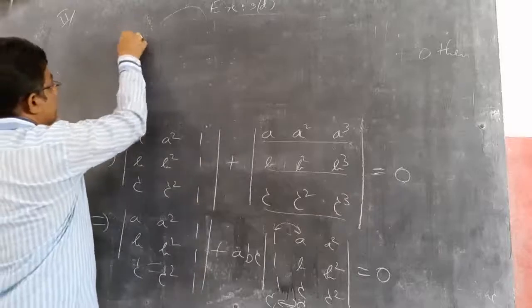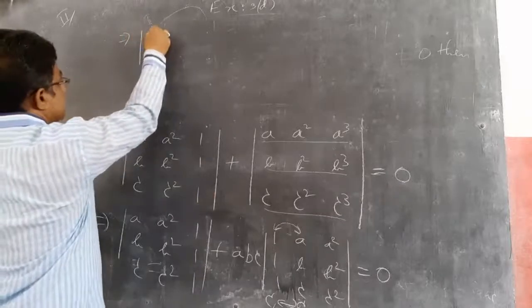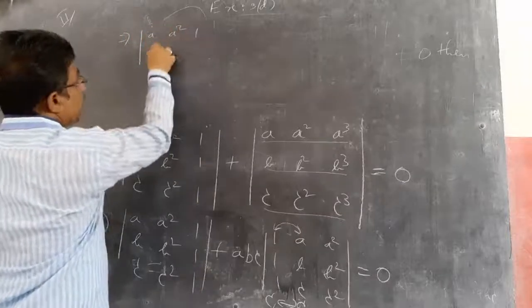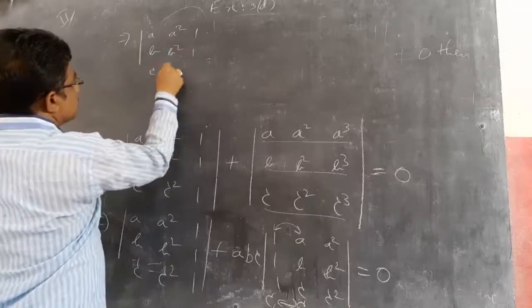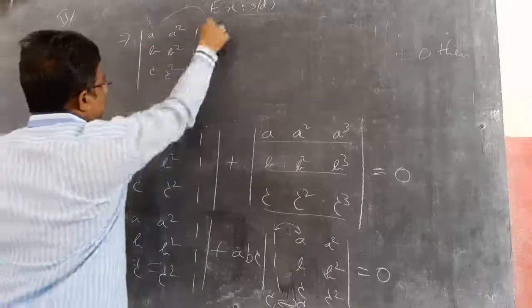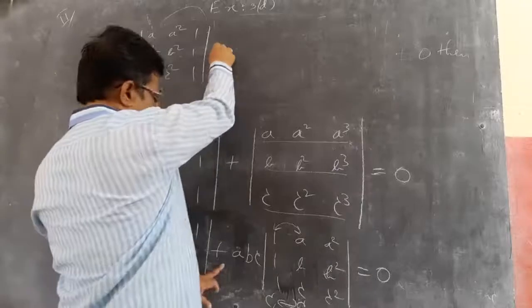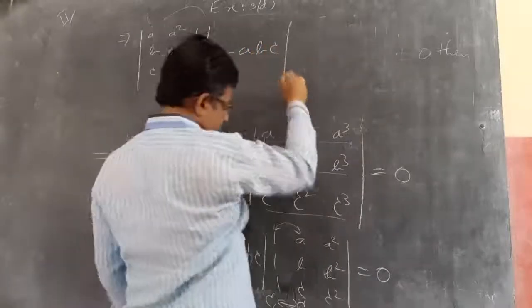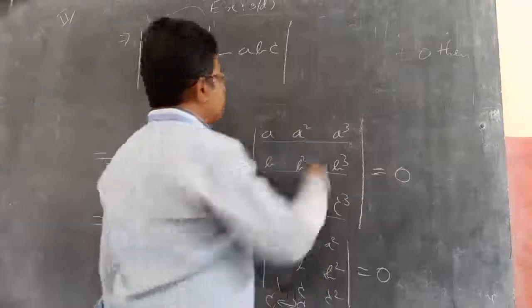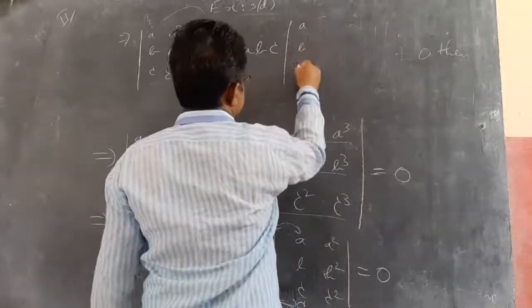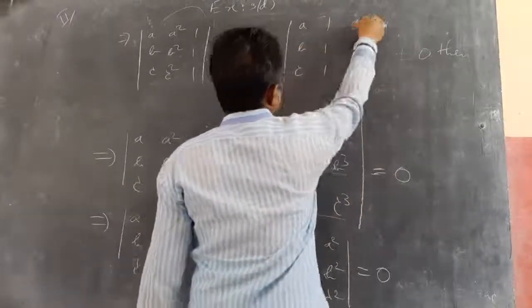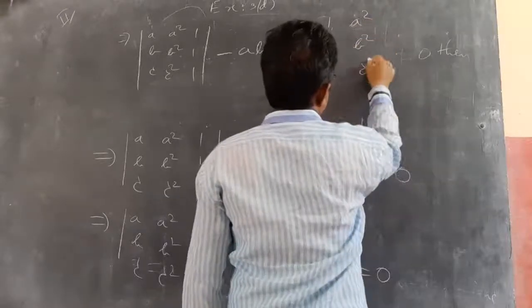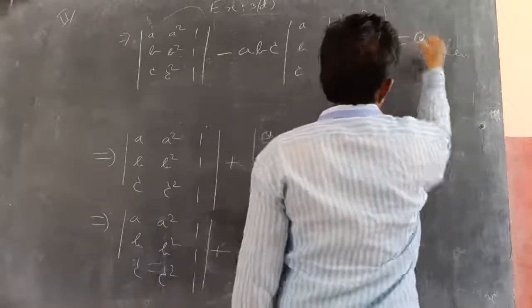This implies a square 1, b square 1, c square 1 plus minus, because I am interchanging the two columns, a b c here, 1 1 1 here, a square b square c square here, equal to 0 as given.